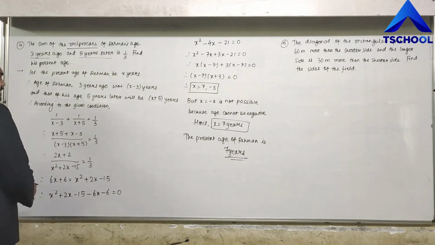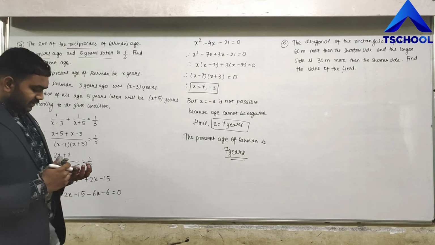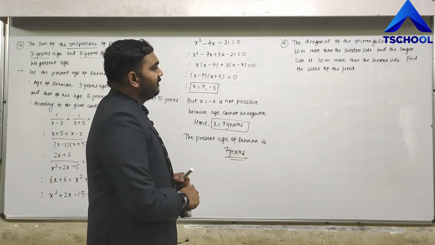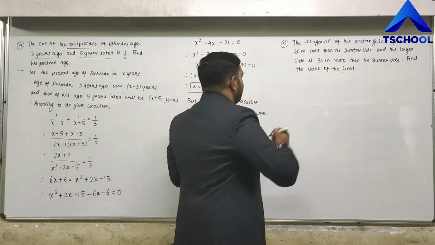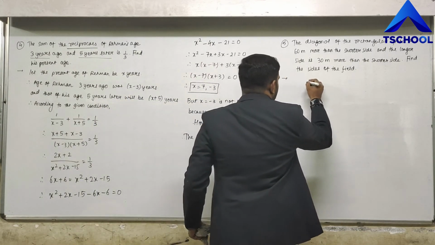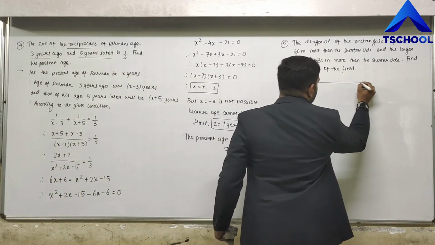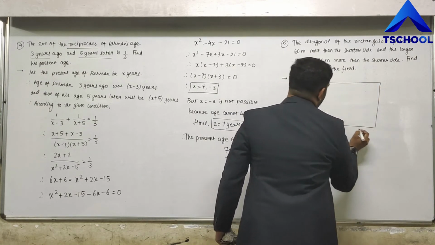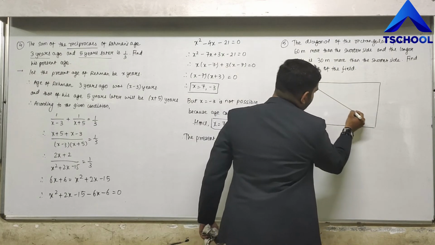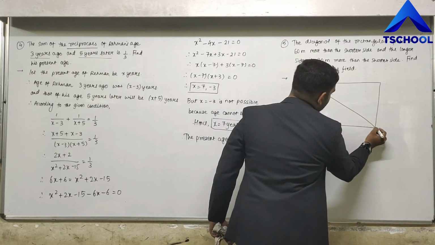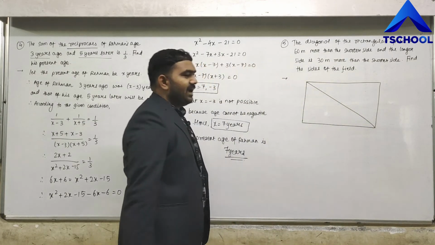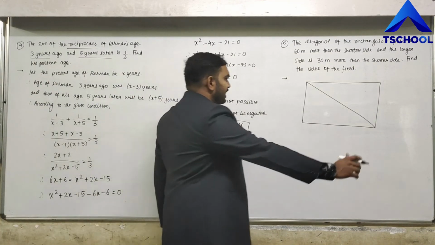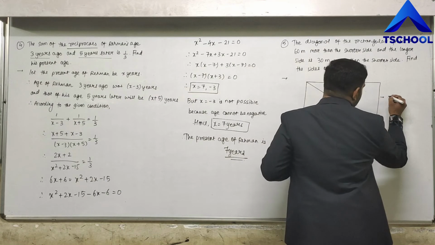So, in this question it is asked about the diagonal of a rectangular field. Now see friends, the field is of the rectangular form, right? Obviously, if I say that this is my rectangular field, then a rectangle has a shorter side, a longer side and a diagonal, right? We shall consider this as the shorter side.